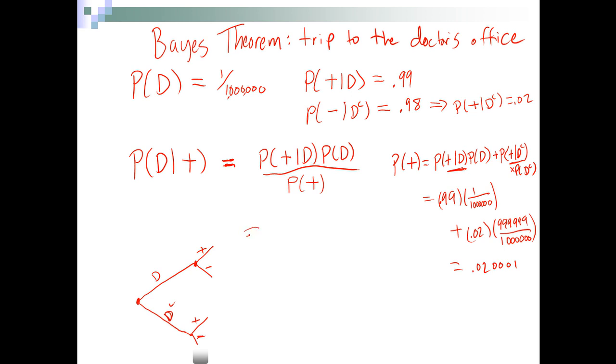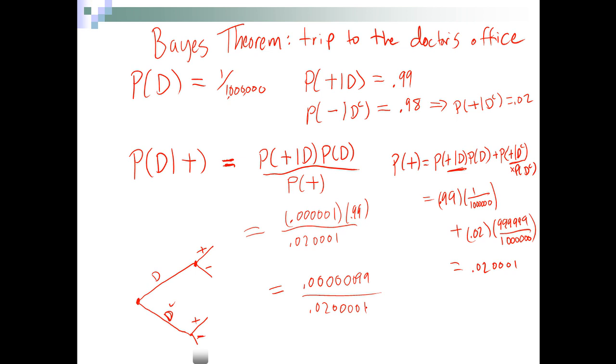So this number is going to be equal to 0.020001, and that's going to be divided into 0.000001, that number times 0.99, which is equal to 0.000099. Actually, there's another 0 in there, divided by 0.020001.